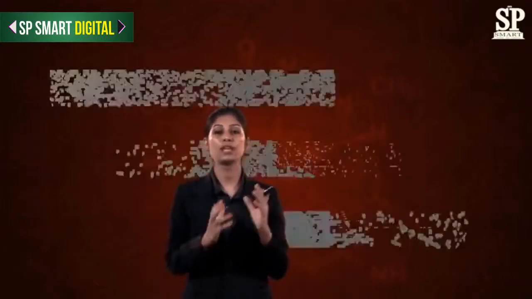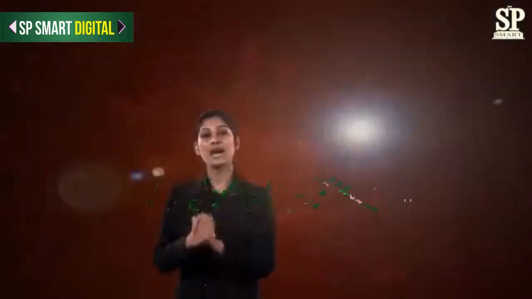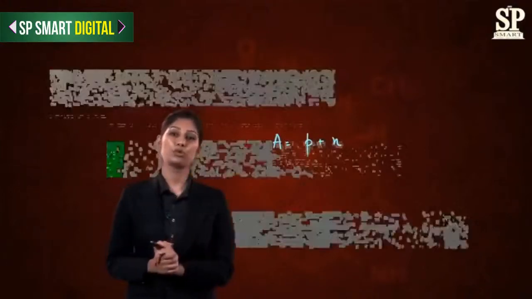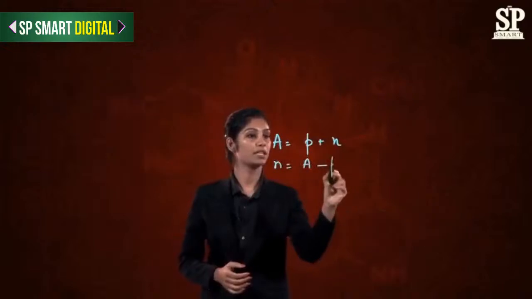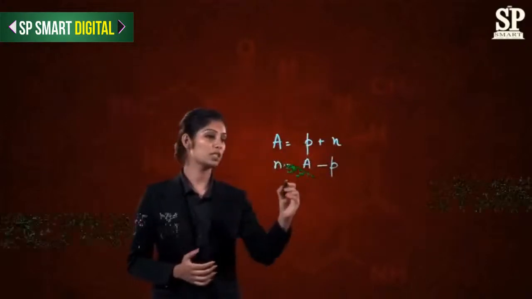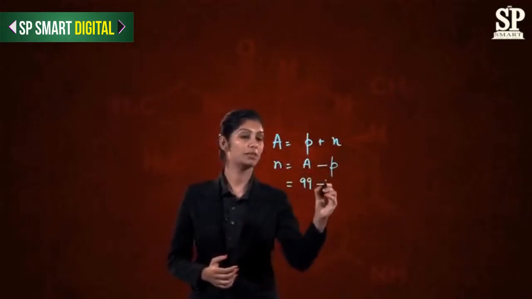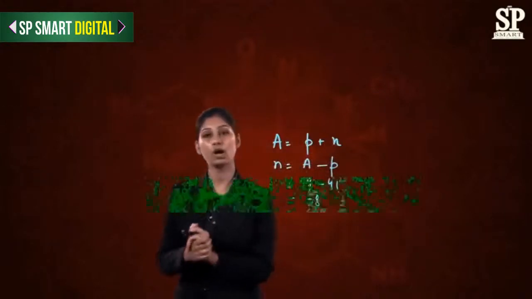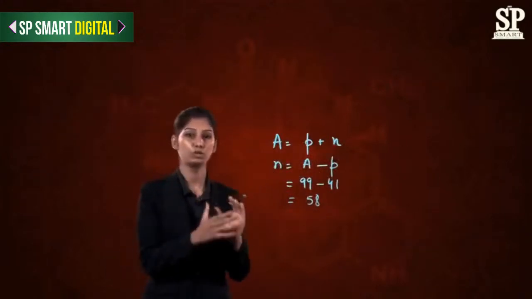Mass number is given as the number of protons plus number of neutrons. Thus, the number of neutrons is equal to mass number minus protons, which is equal to 99 minus 41, which is equal to 58. So we have got the number of neutrons.